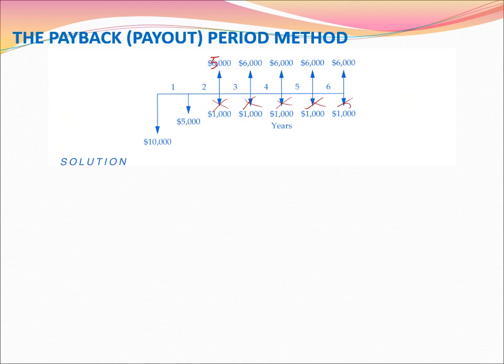Okay, so 5,000, 5,000. We can modify the cash flow so that we have 5,000 earnings starting from year 2. My initial investment is 10,000 at year 0. But at the end of year 1, I have another expense which is 5,000.